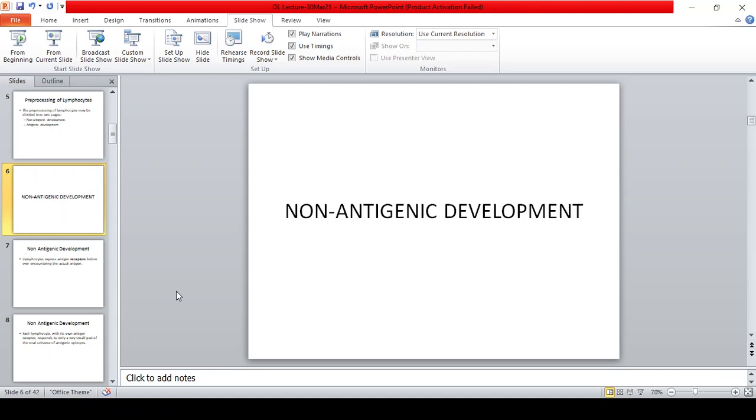By non-antigenic development, I mean that the lymphocytes don't come in contact with any antigen till this non-antigenic development is completed. They are processed by the body tissues, and there are certain capabilities and capacities which are developed in these lymphocytes.